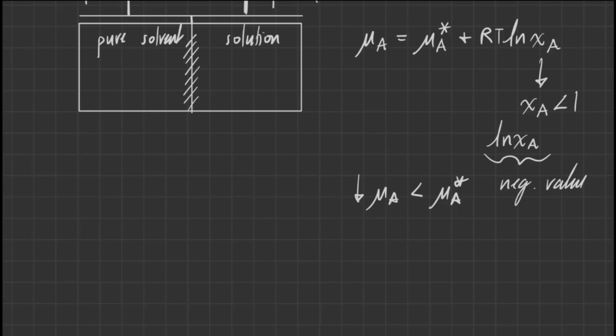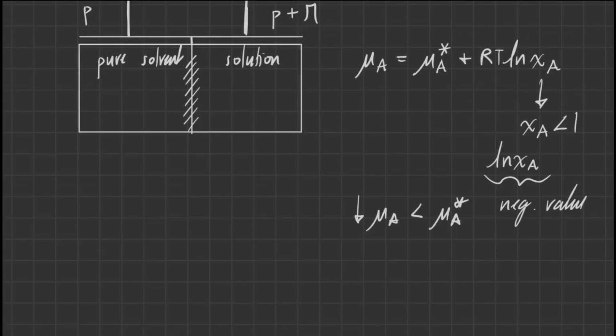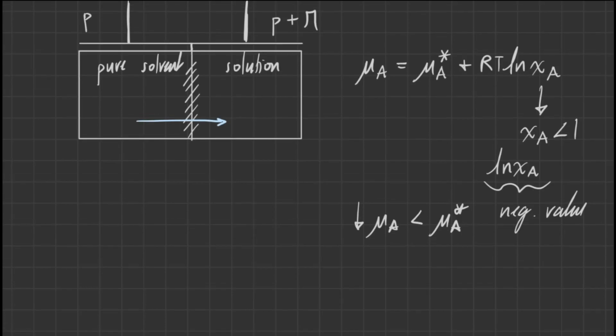So the lower a chemical potential is, the more stable it is, essentially. That means the solvent is going to want to go from a high chemical potential towards this lower potential, where it is more stable.